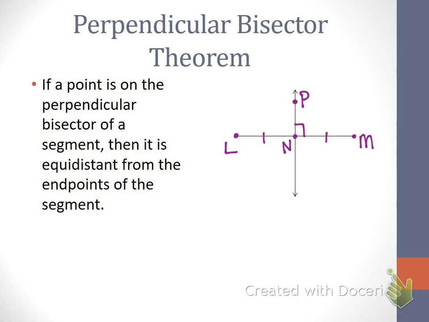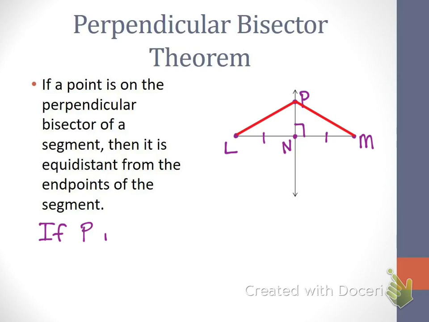So if all of that is already true, then this point P that's on the line, the perpendicular bisector, is equidistant from the endpoints of the segment. So P is equidistant to L and to M. So we could draw those in.